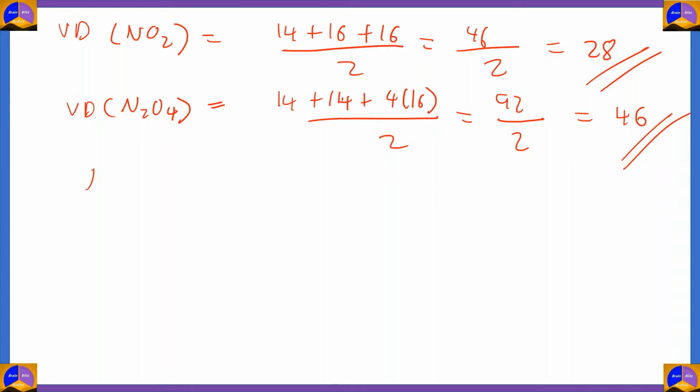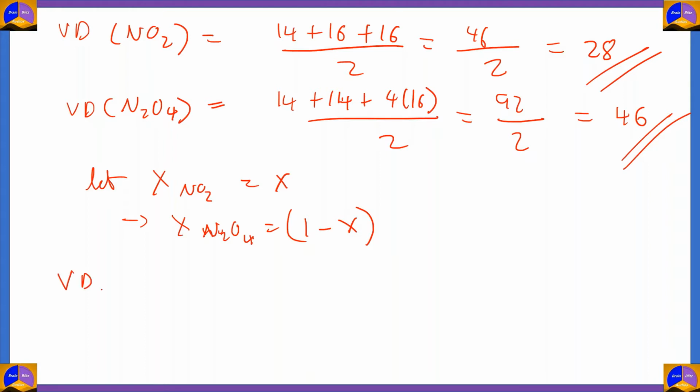Now, let's consider the mole fraction of NO2 as x, and therefore the mole fraction of N2O4 will be equal to 1 minus x because the sum of the mole fractions has to be 1. So the vapor density of the solution, which is given as 27.6, will be equal to x times 23 plus 1 minus x times 46.